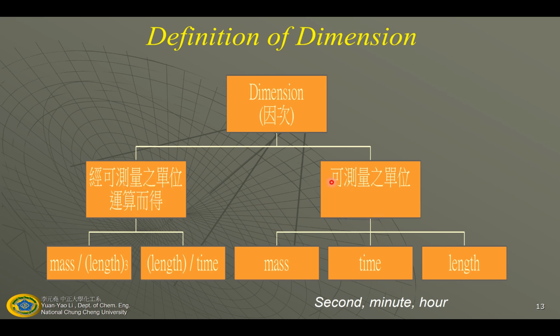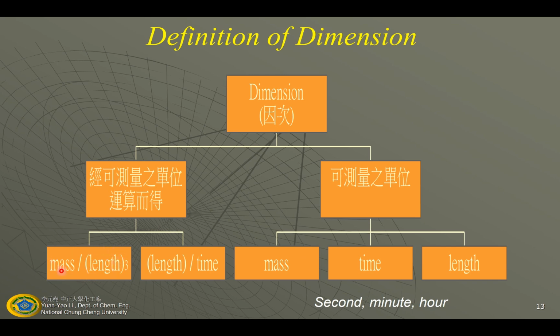For example, ones you can measure are mass, right? 1 kilogram, 1 gram. Time, 1 second, 1 hour, right? Length, 1 centimeter, 1 meter. You can measure. This is dimension. And also, dimension can be calculated, like mass per cubic length. This is what?